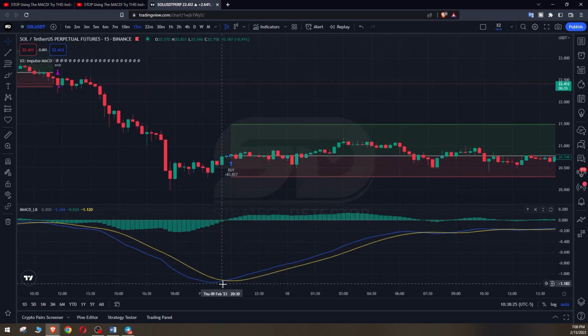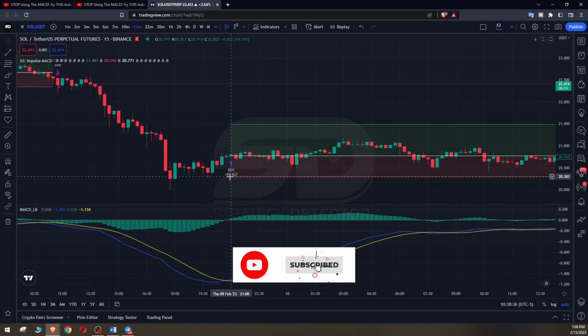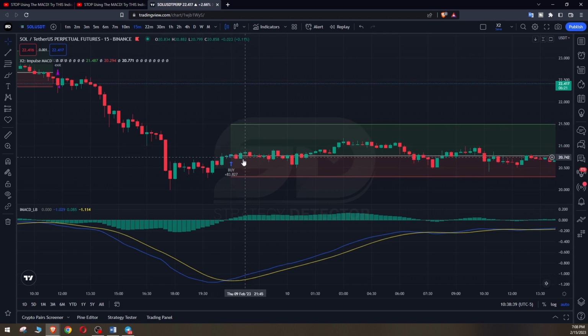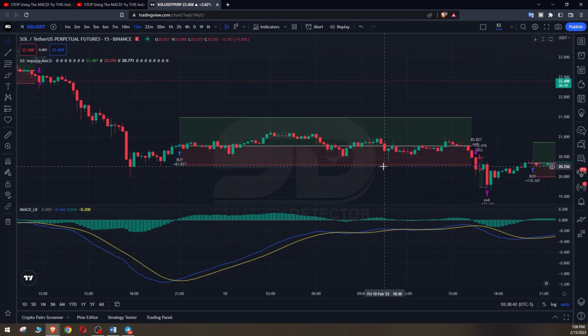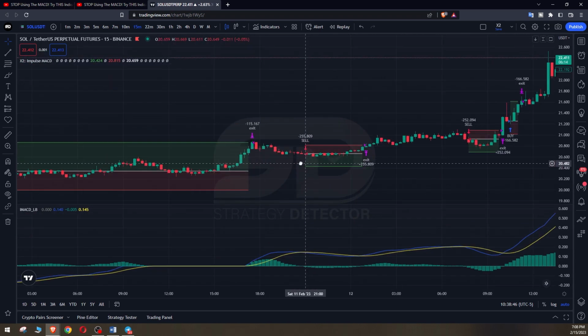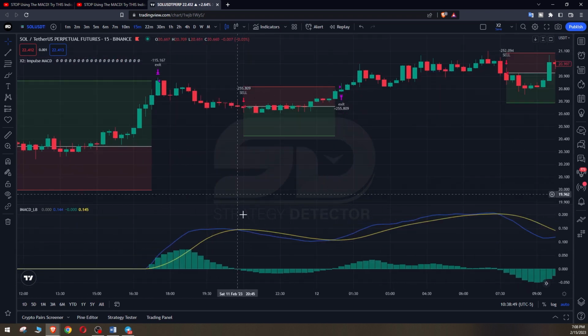The rule is that when we have a crossover between MACD line and signal line, we enter a long position and we put the stop loss on the last recent swing low and place the take profit on 1.5. And when we want to enter a short position, as you can see here, we need to have a cross under between MACD line and signal line.